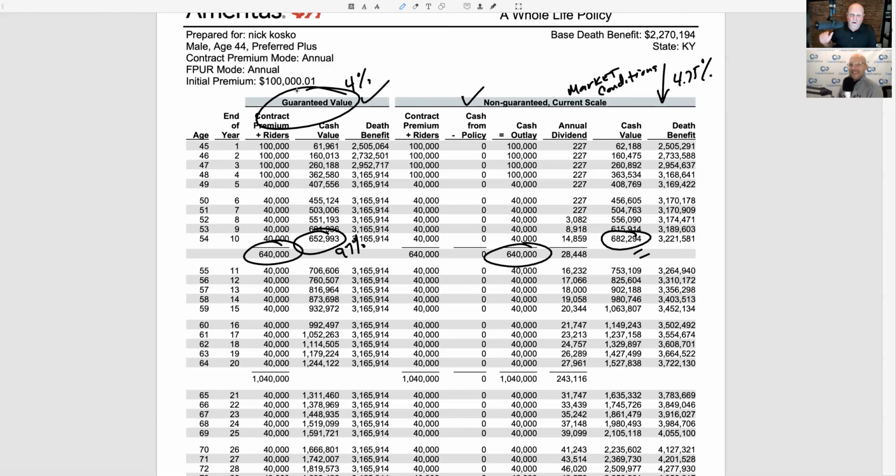By the way, in a universal life over here, this isn't current scale. There isn't a guarantee. There's projections. And you know what a projection is? Hope. We're hoping that your policy does this.